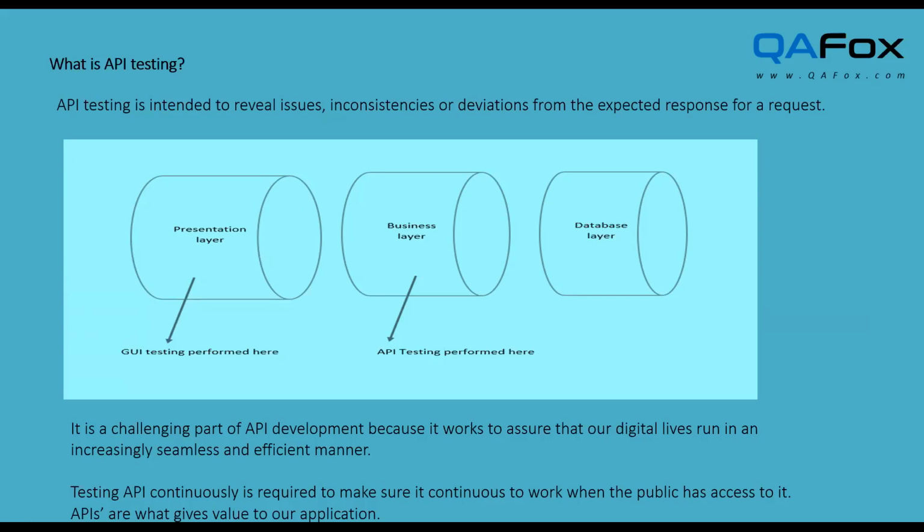If we are building an API, we should provide extra security while going out into the outside world. That's why it requires huge, continuous testing before going live.